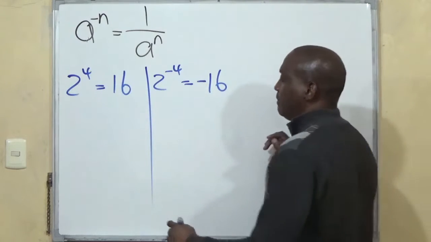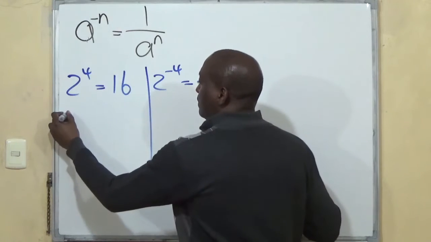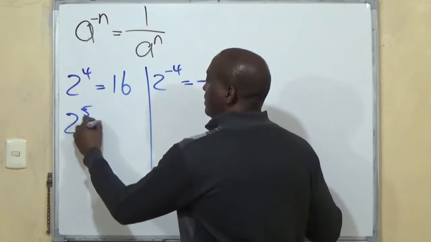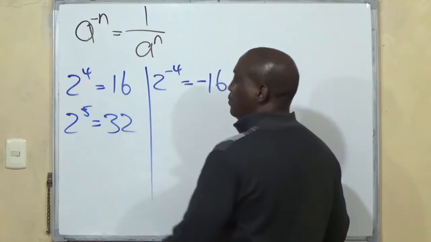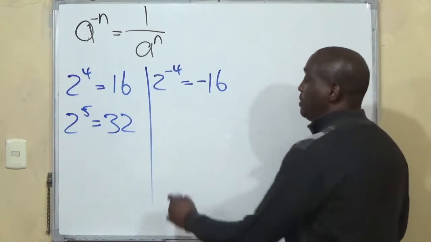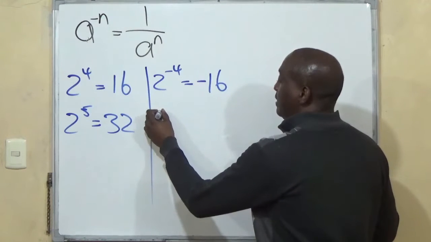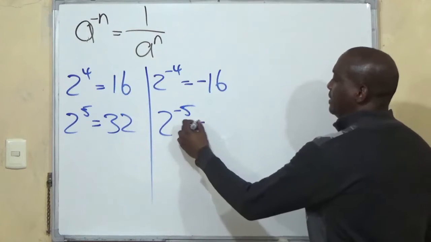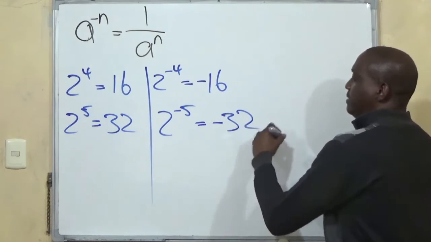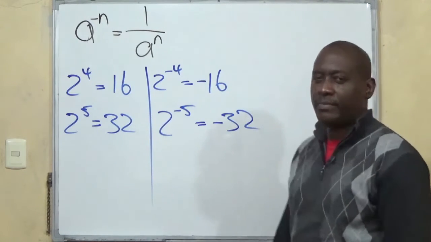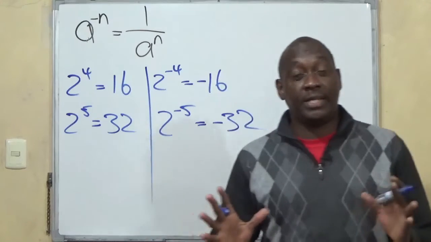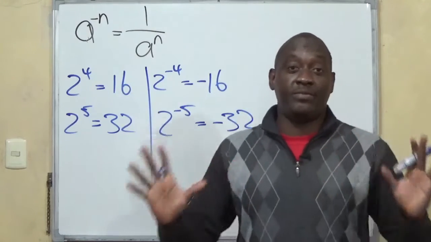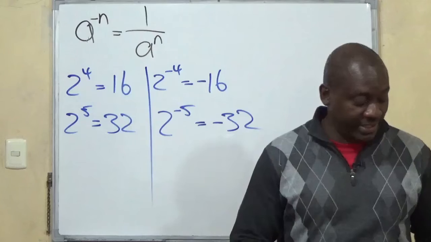By the same token, we know that 2 to the power of 5 is equal to 32. And what most people will do in like manner is that confronted by 2 to the minus 5, they will put minus 32. And listen, nothing could be further from the truth in both cases.